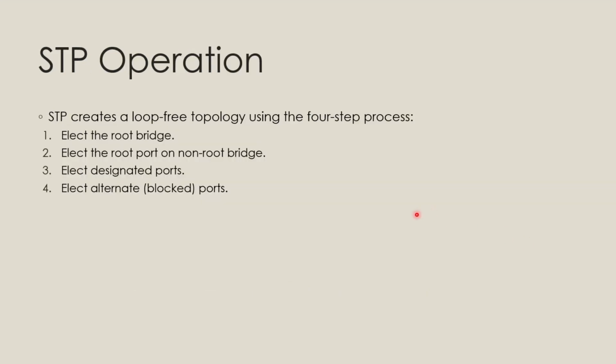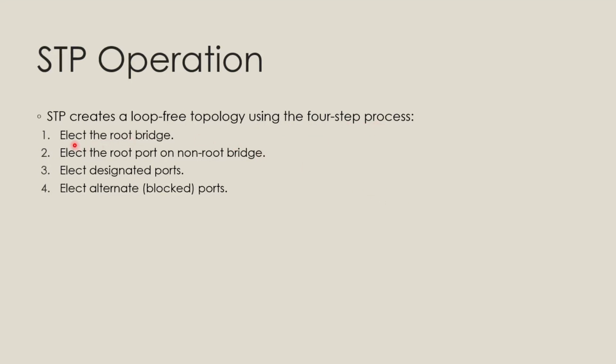Let's look at the spanning tree operation. Spanning tree uses a 4-step process. Step 1, all the spanning tree switches will elect a root bridge based on the bridge ID.